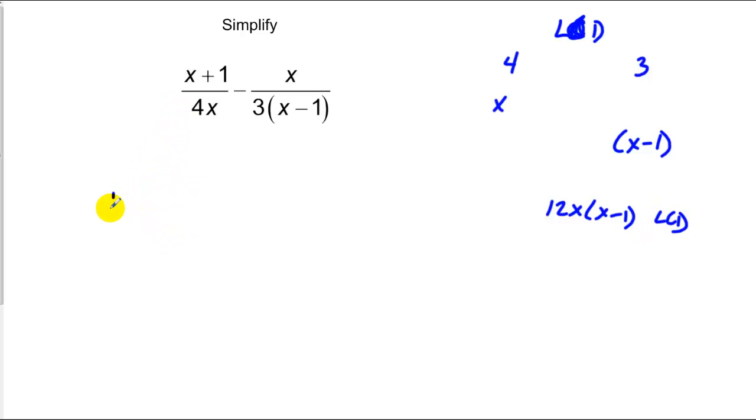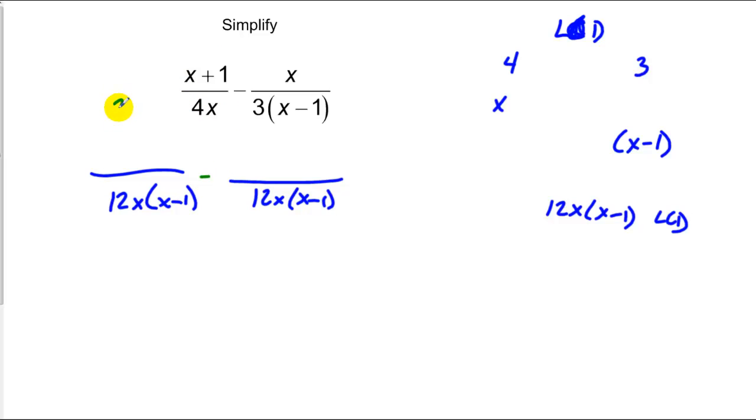Write it twice. Multiply by what's missing. I need to get from 4 to 12, so that's a 3. I've got the x, but I'm missing the x minus 1.